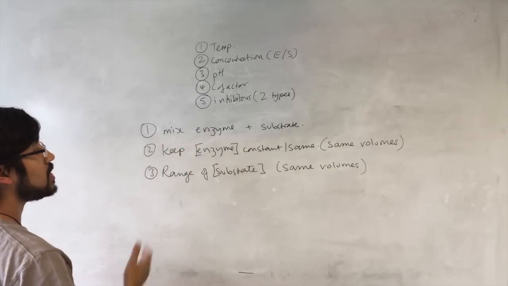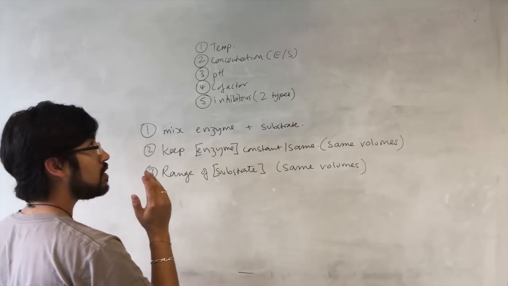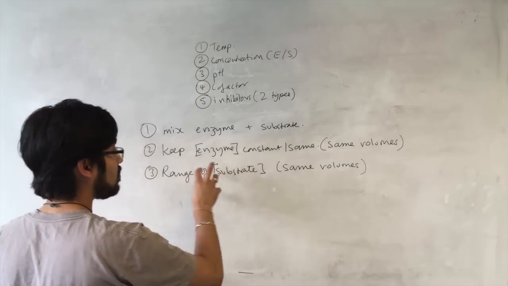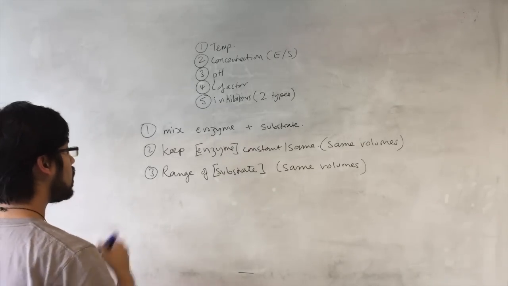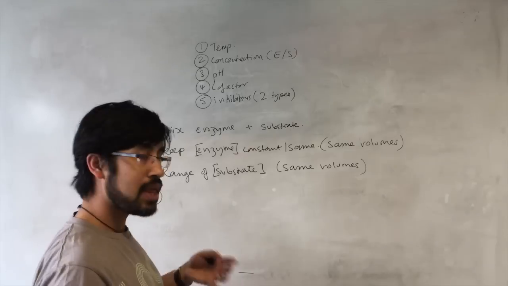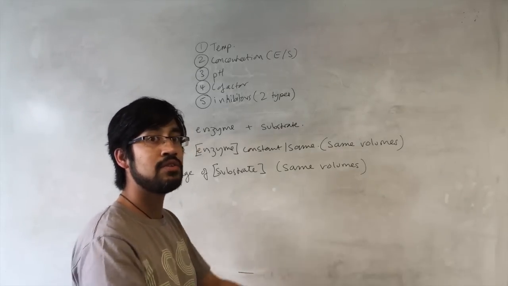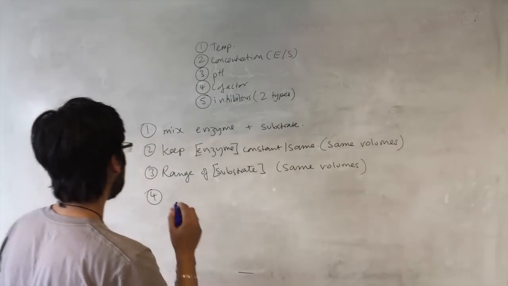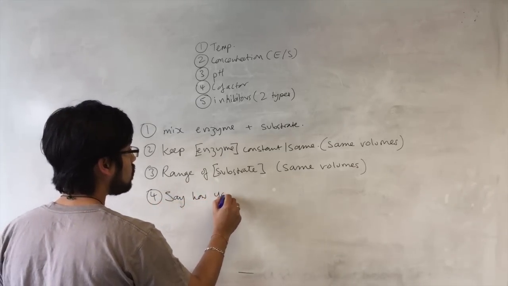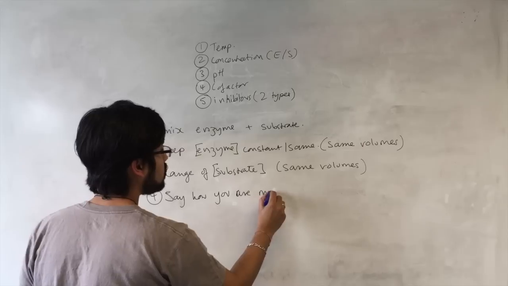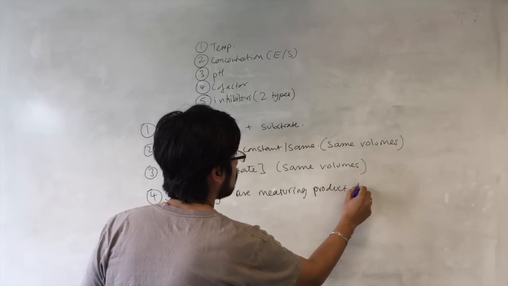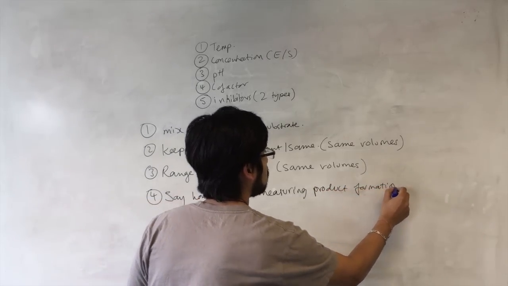And let's say we are investigating substrate concentration, that's our independent variable, and that's what we'll be changing. So we're going to have a range of substrate concentrations. Then, whatever your enzyme is, and this will usually be explained to you in the question itself, you must say how you are measuring product formation.